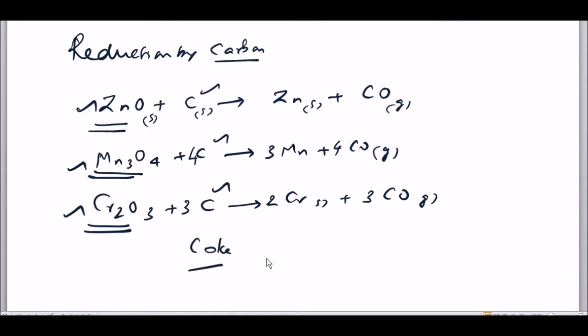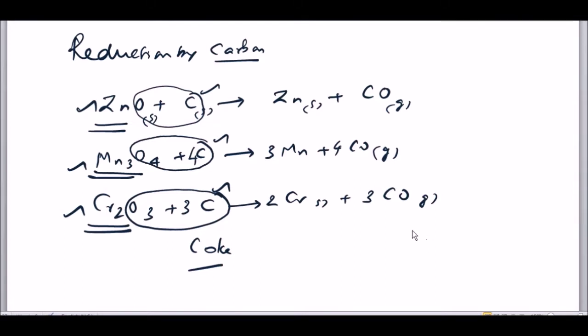While treating them, this is happening. Carbon monoxide is formed, which means the carbon gets oxygen from all these cases, and hence we are calling carbon as a reducing agent. This is the reduction process which is employed in the case of carbon.